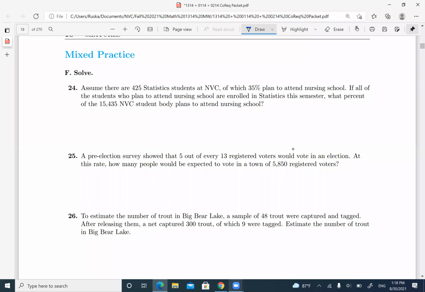So there are 425 statistics students, right? And 35% of this number plan to attend nursing school, okay? If all of the students who plan to attend nursing school are enrolled in statistics, what percent of the Northwest Vista student body plans to attend nursing school?